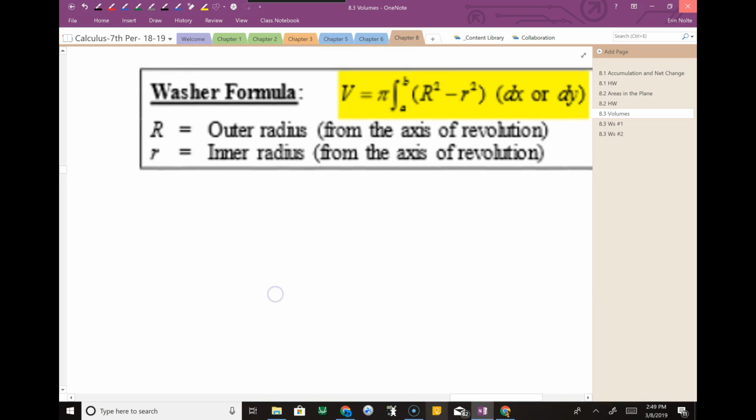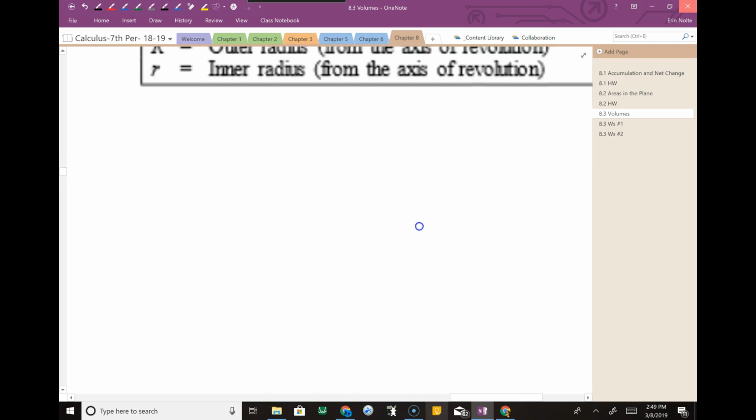This is the donut. That's the inner one, and the outer one is the big R. The little one is just this little circle right here, and we subtract it out, right? It's got a hole in it.